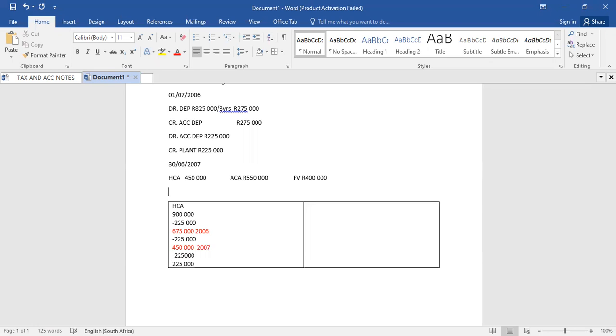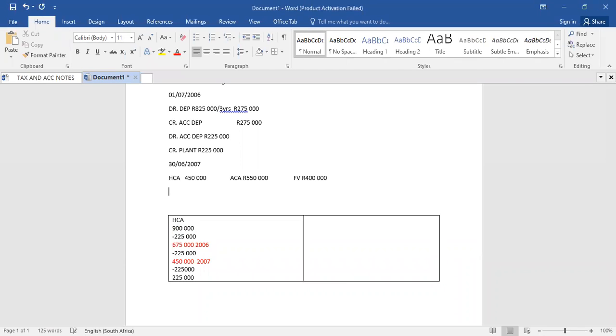You can get a revaluation surplus reversal, which goes with a revaluation expense and must appear on the debit side, and the plant on the credit side. You can also get a revaluation surplus, which goes with revaluation income, which must be on a credit side, so then the plant will be on the debit side. I'd say you cannot have revaluation income if you have never had a revaluation expense before. So in this case, by comparing your ACA and HCA, the ACA is bigger than the HCA, so what do we have?